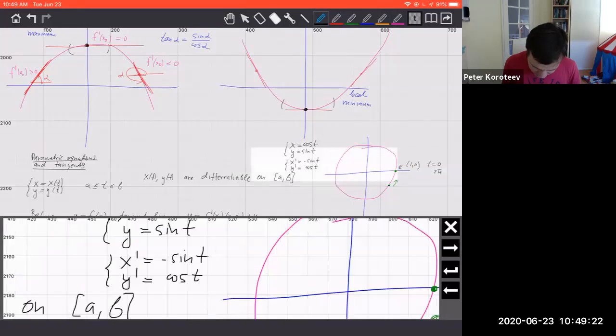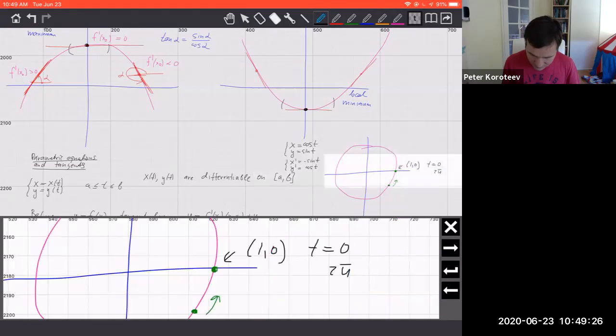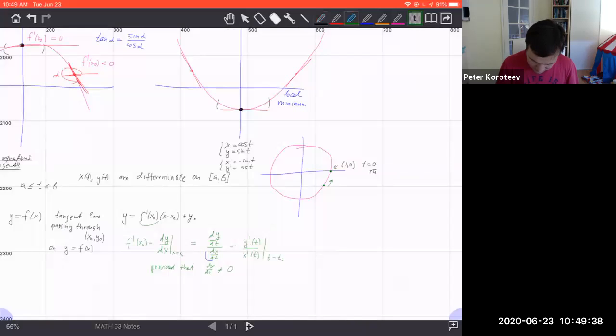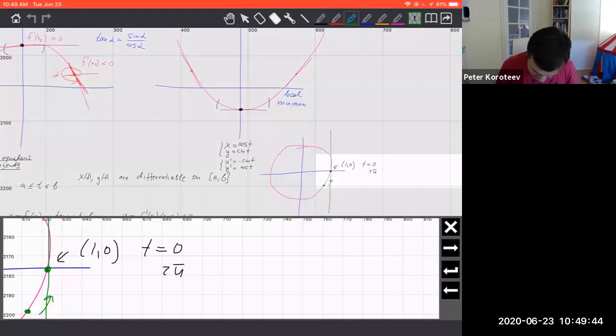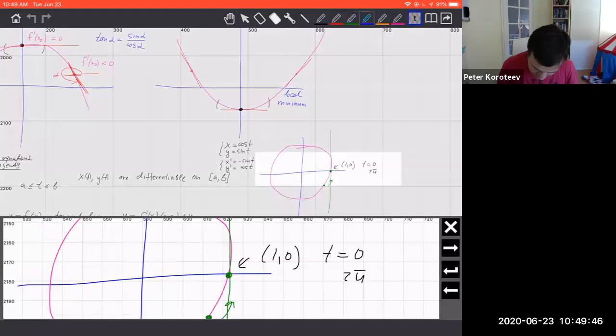As t approaches 0 or 2 pi, x prime, the derivative, approaches 0. So the rate of change of x becomes smaller and smaller, and exactly at this point (1, 0), it vanishes completely, right? So therefore, the tangent to the circle at this point will become vertical, as you correctly pointed out.